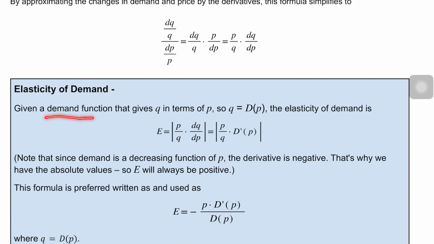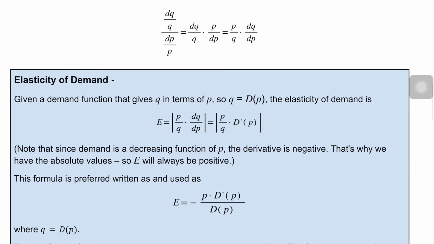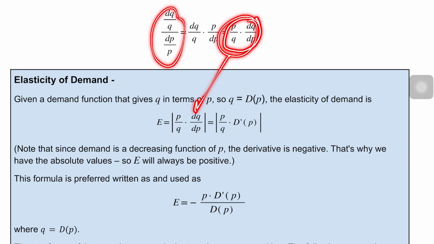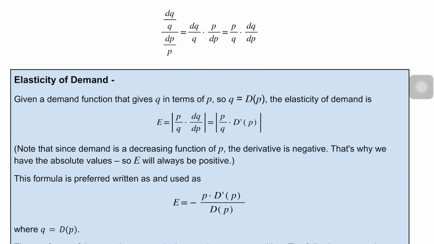Given a demand function that gives Q in terms of P, in other words, Q, the quantity, is equal to the demand function, the elasticity of demand is given by E equals the absolute value of this, which is this. So we put it right there. We're going to put an absolute value.